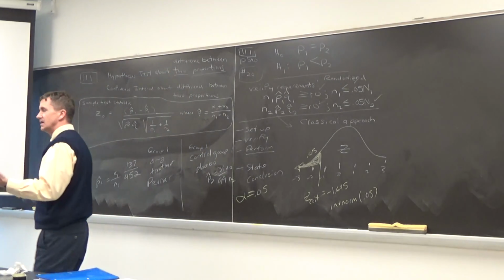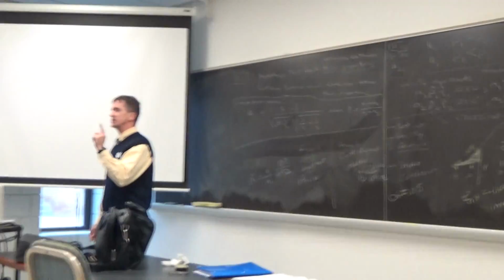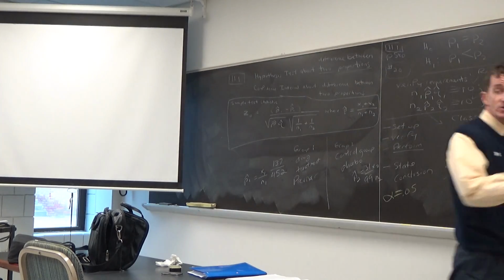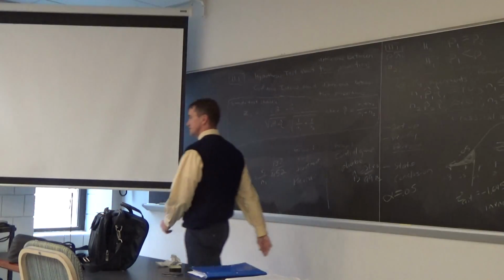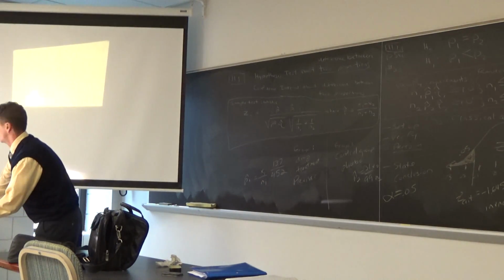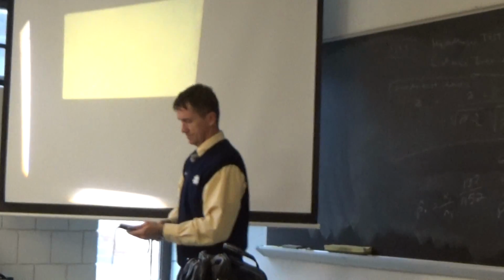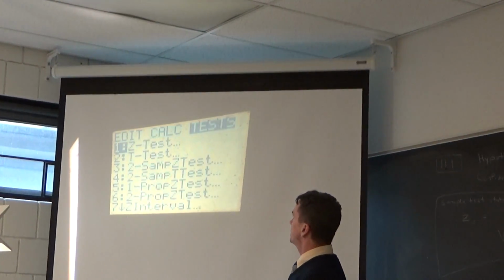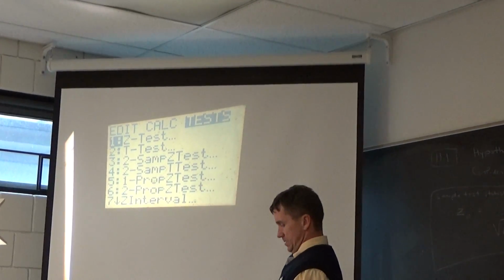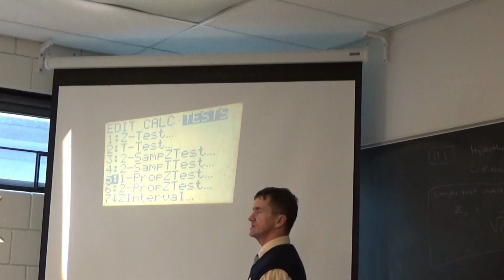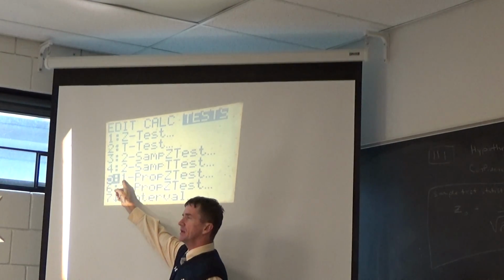I'm being serious. Now, I bet you can predict where I go on my menu. These are proportions, right? Stat test. I'm not doing this by hand unless you want to. It's a hypothesis test, but this is for how many proportions?